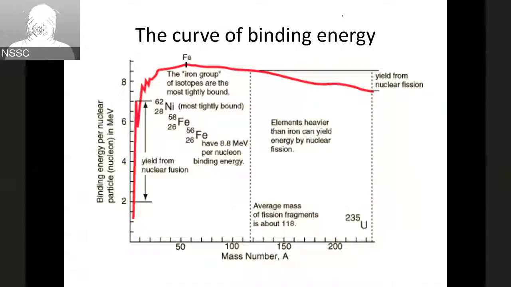So let's do a simple experiment. Let's look at uranium-236, which is a neutron that drifts into uranium-235, and bang, you get fission. The binding energy here is about 7.5 MeV per nucleon.